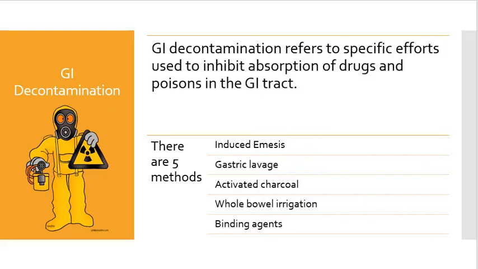Induced emesis. Emesis may be induced with a syrup. It's prepared from a plant, which contains the alkaloids emetine and cephaline. These emetics induce vomiting via gastric irritation and stimulation of the vomiting center in the brainstem. The use of syrup in the management of poisoned patients has declined.